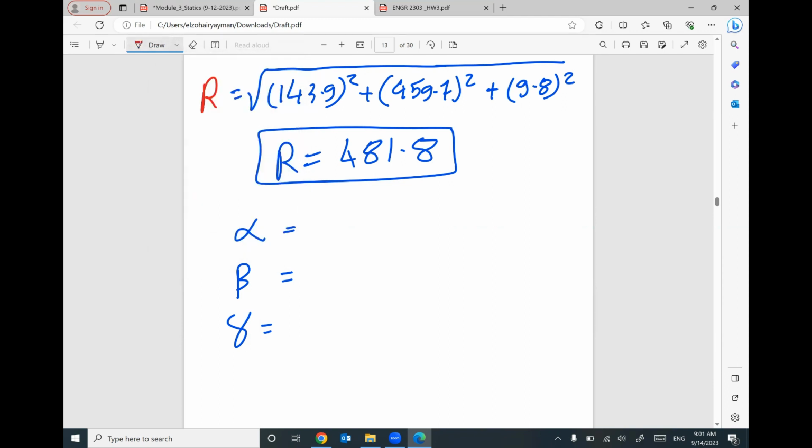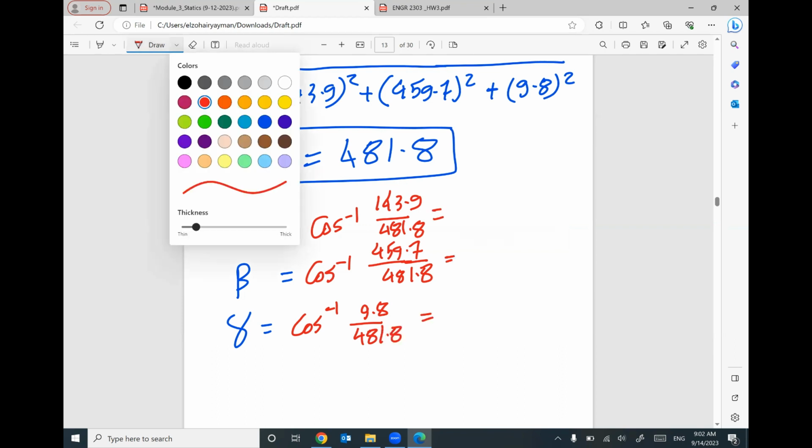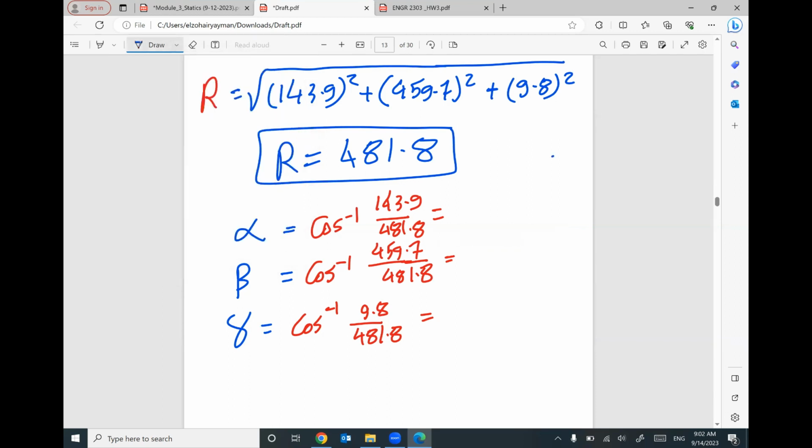They equal inverse cosine of the X component of the resultant divided by the resultant, inverse cosine of the Y component divided by the resultant, and inverse cosine of the Z component divided by the resultant. That makes sense? This is how to figure out the direction angles of your resultant.